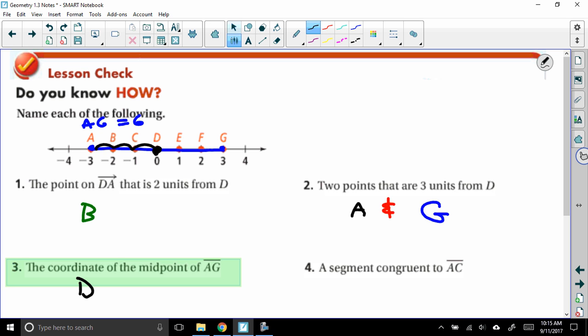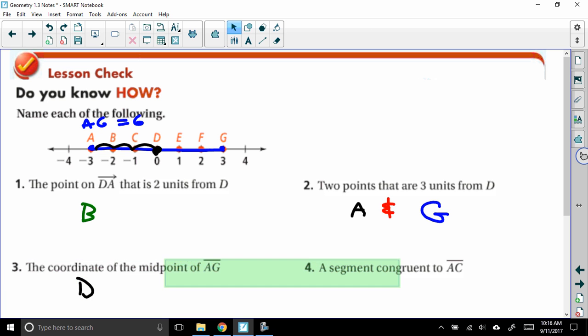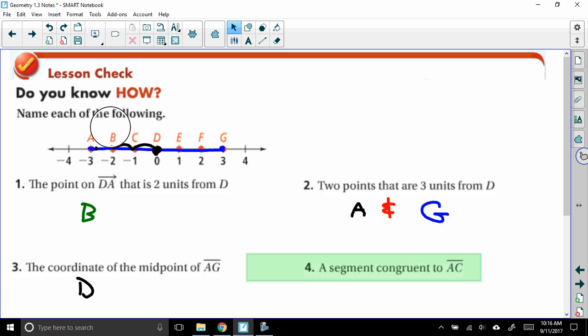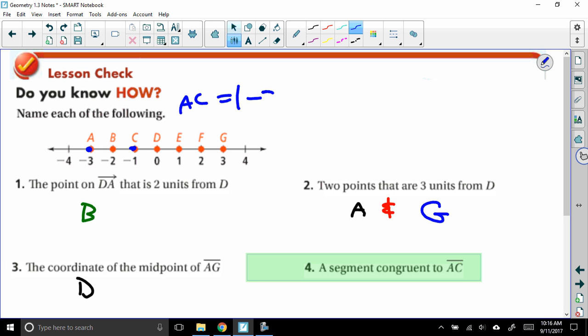And finally, a segment congruent to AC. If we look at AC, we would need to know its length. AC goes from -3 to -1, so that's 2 units in length. It says name a segment congruent to that. Any segment 2 units in length would get this done.